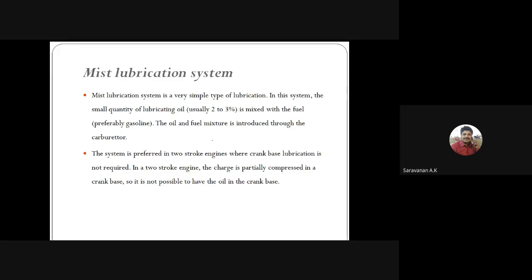So the fuel and air mixture may have some lubricating oil also.